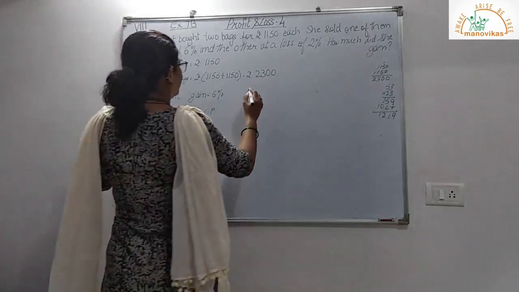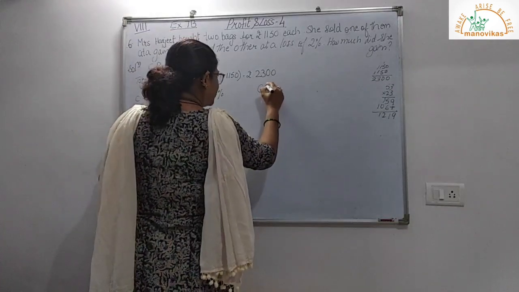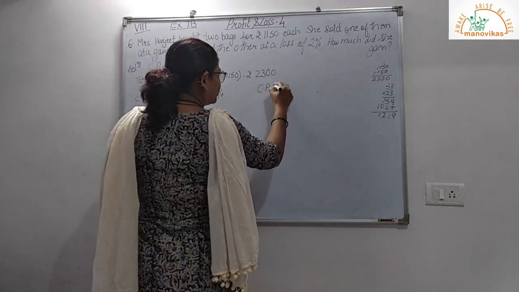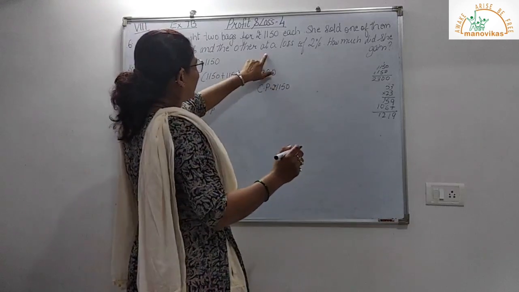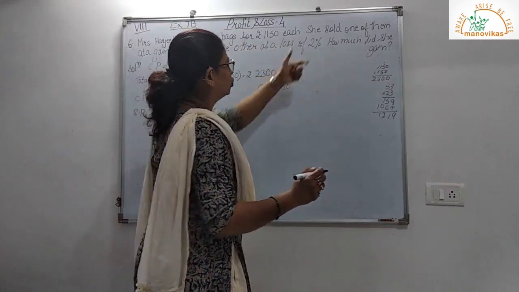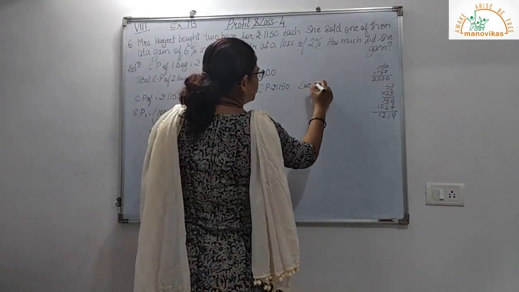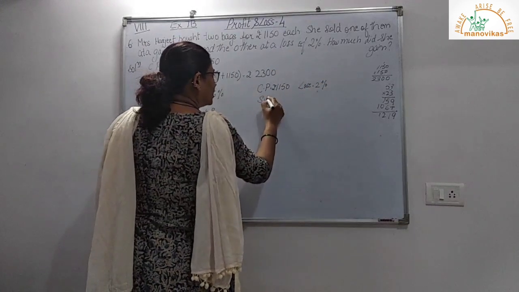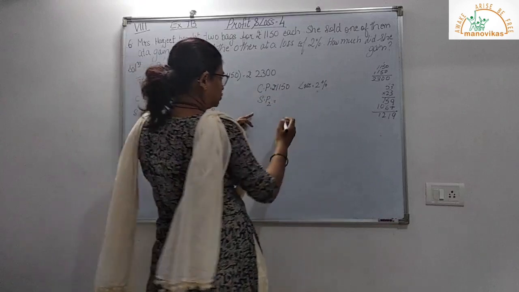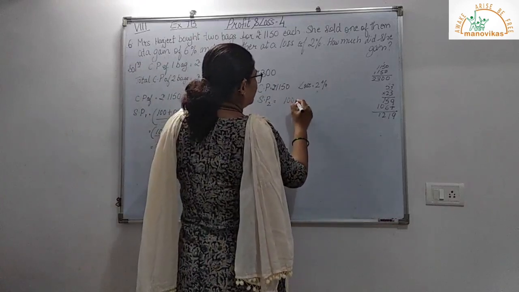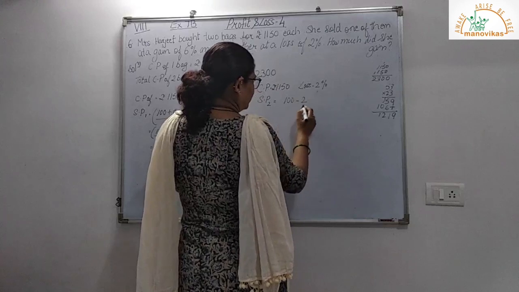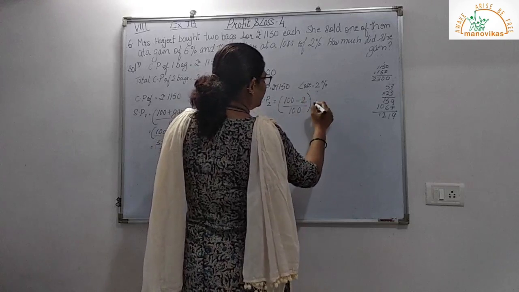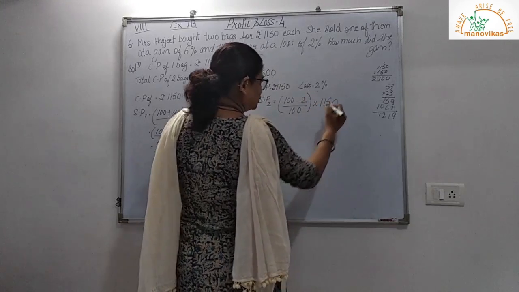Now again we know that the cost price of the second bag is also 1150, right? And the second bag was sold at a loss of 2%. So we can find the selling price over here. Selling price of the second bag will be equal to 100 minus 2, divided by 100 into the cost price, that is 1150.